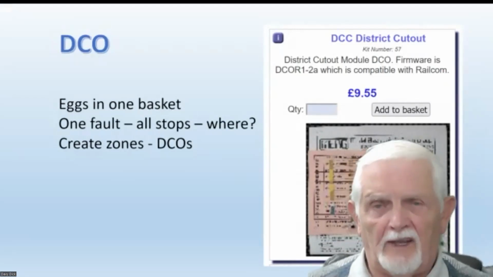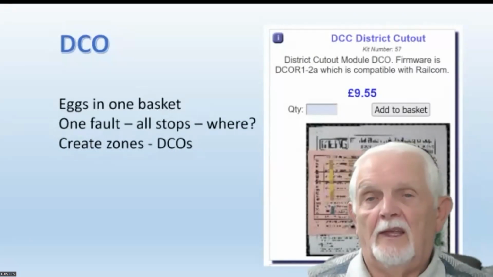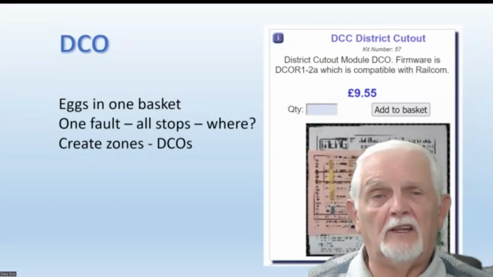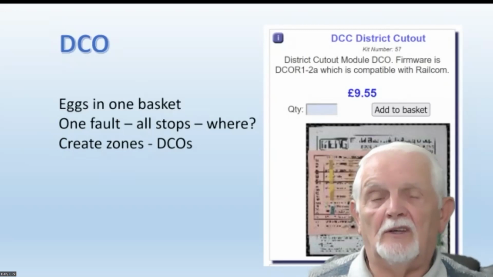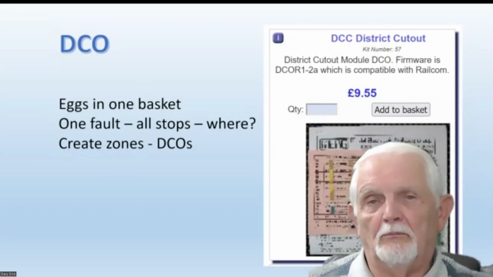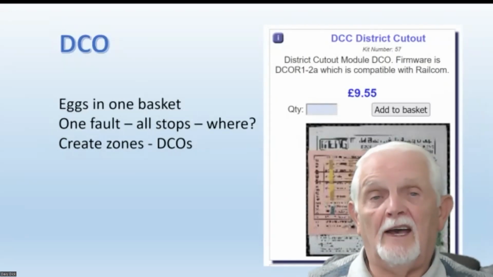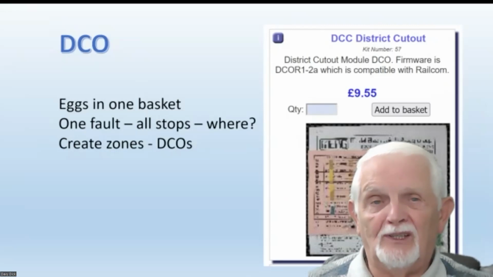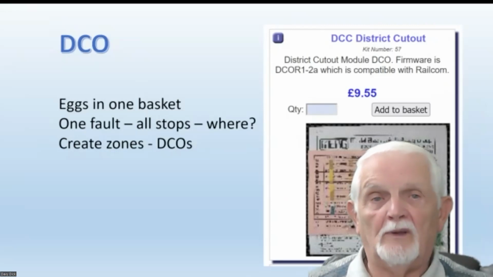So if you divide your layout, say, into five sections, and you get a fault in one section, the other four still carry on, because they're independent. The cutout has stopped the bus from being affected by what happened in that particular zone. Which is very handy for exhibitions because you don't bring everything to a halt. You can still have operations going while you find out what's happening in that particular power district.